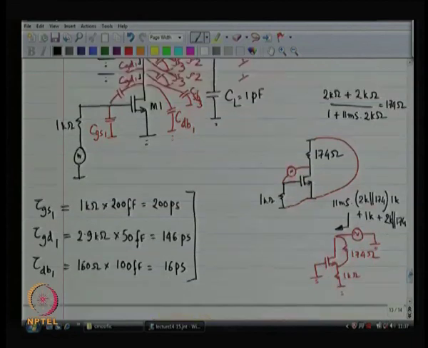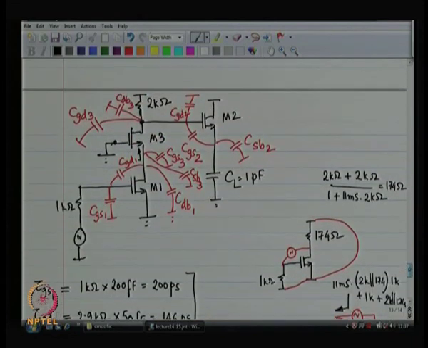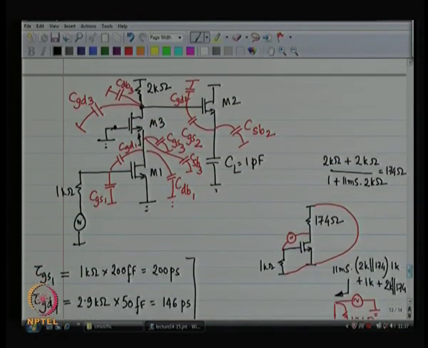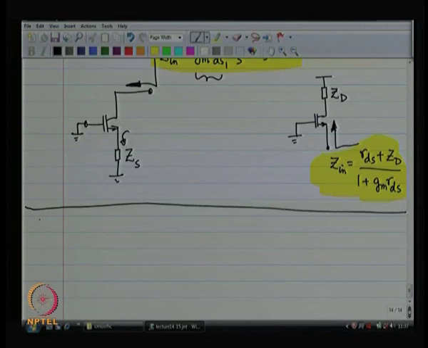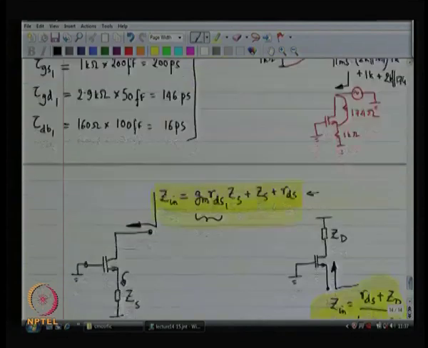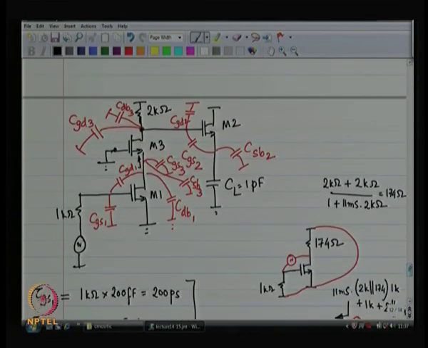Now let us work on device number 2. Device number 2, see source to body. Okay, I will continue over here. Source to body of the second device.